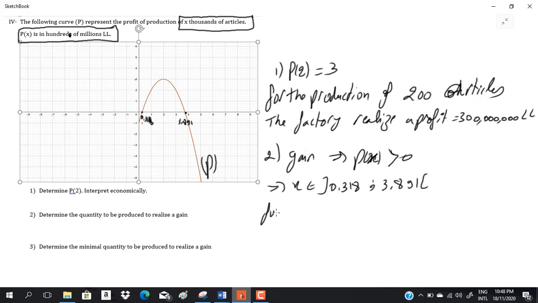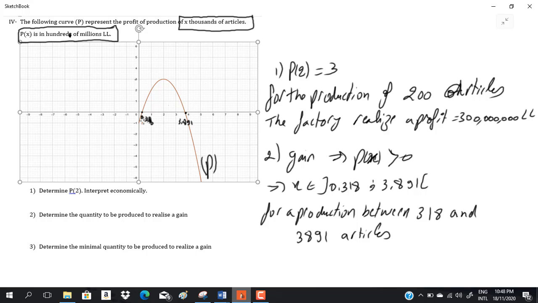It means for a production between, this number should be multiplied by the unit of x, which is thousands. So between 318 and 3,891 articles.